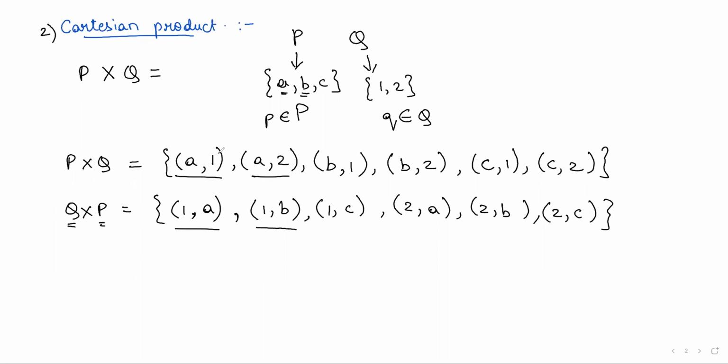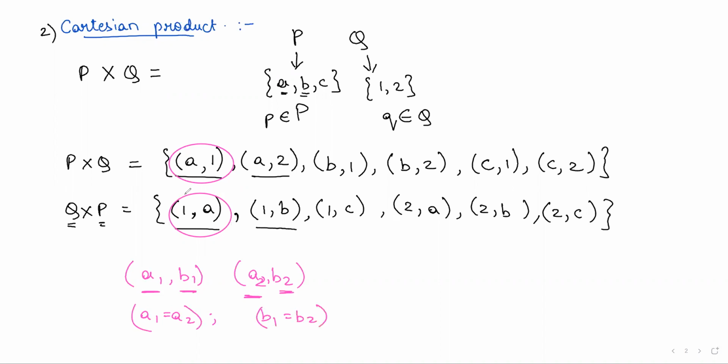So as you can see, this 1 cross a element will never be equal to this element. Why? Because for two ordered pairs to be equal, let's say a1, comma b1 is one ordered pair and a2, comma b2 is another ordered pair, their corresponding first elements should be equal and their corresponding second elements should also be equal.